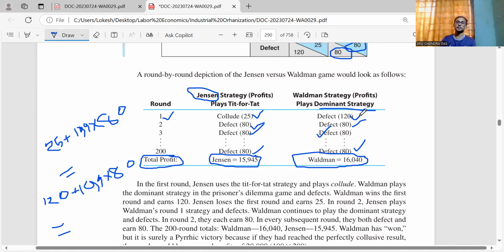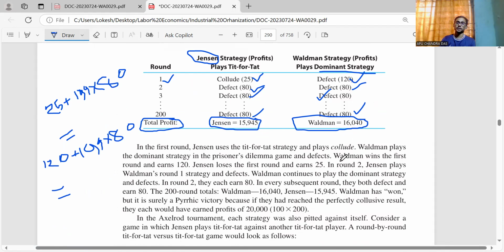Since Waldman is earning more profit than Janssen, we can say that Waldman wins the first round by defecting. Waldman continues to play the dominant strategy and earn $80.